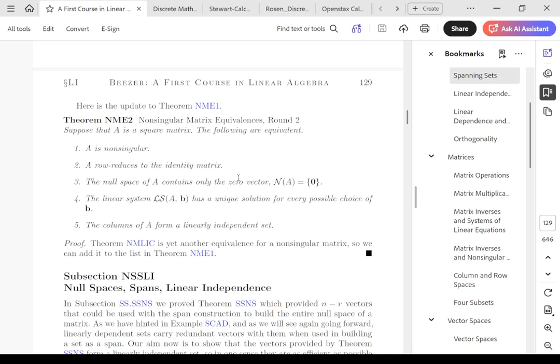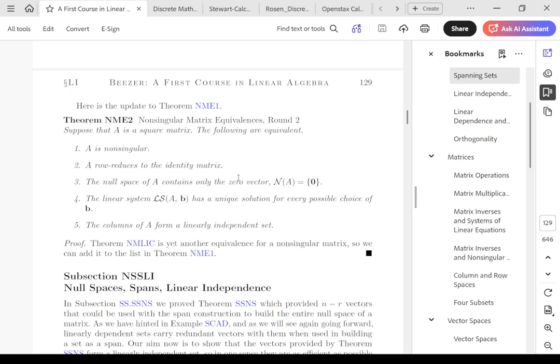Previously we looked at those first four properties: A is non-singular, A row reduces to the identity matrix, the null space of A contains only the zero vector, and the linear system has a unique solution for every possible choice of b. That was previously when we were discussing non-singular matrices.